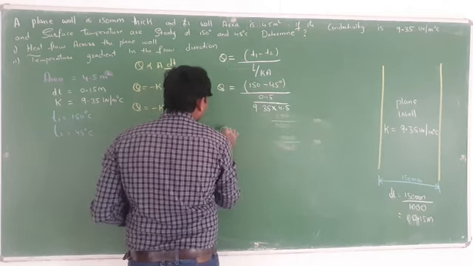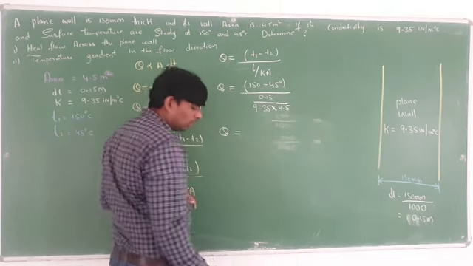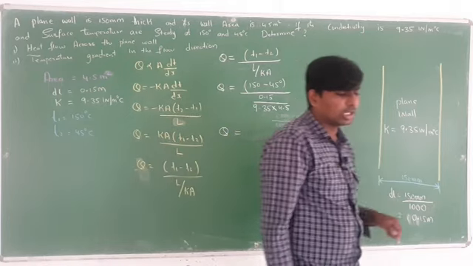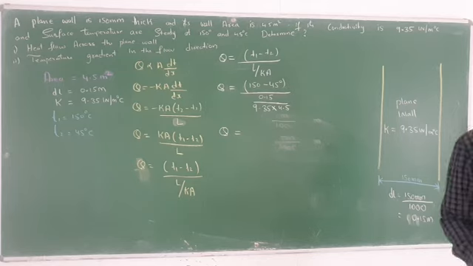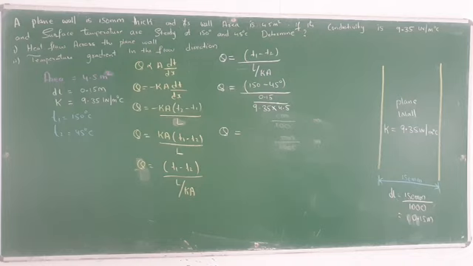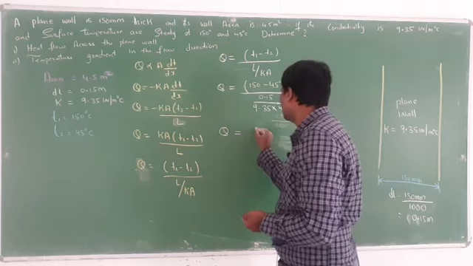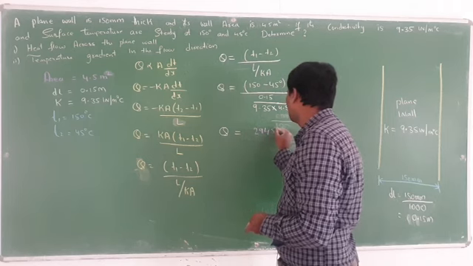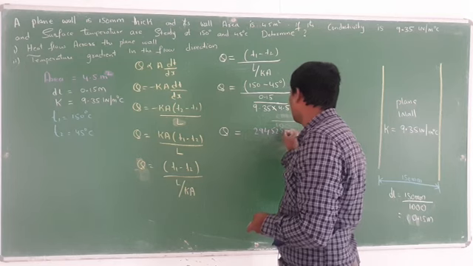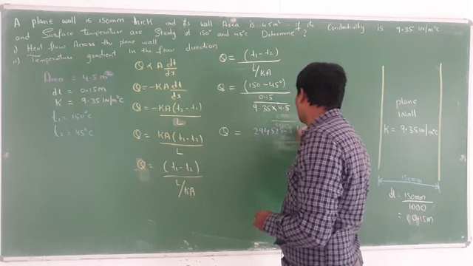Now with the help of a calculator, try to solve this one, you will get the answer. Here you know the values of T1, T2, L, K and everything. The value will be somewhat like 29452.5 watts.